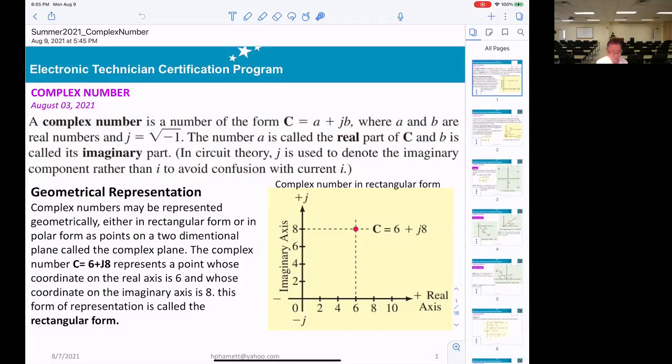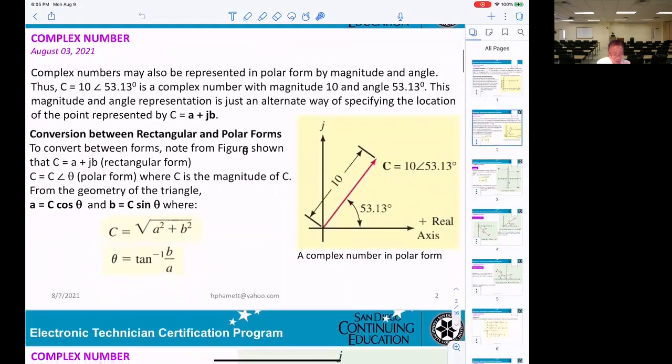Okay, any more questions? Now you go to another one. Now they can be displayed in polar form. A complex number may also be represented in polar form by magnitude and angle.